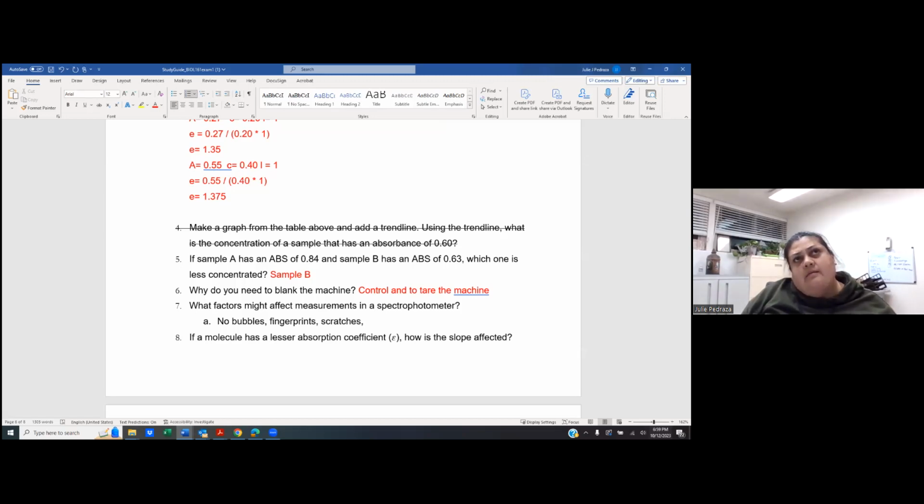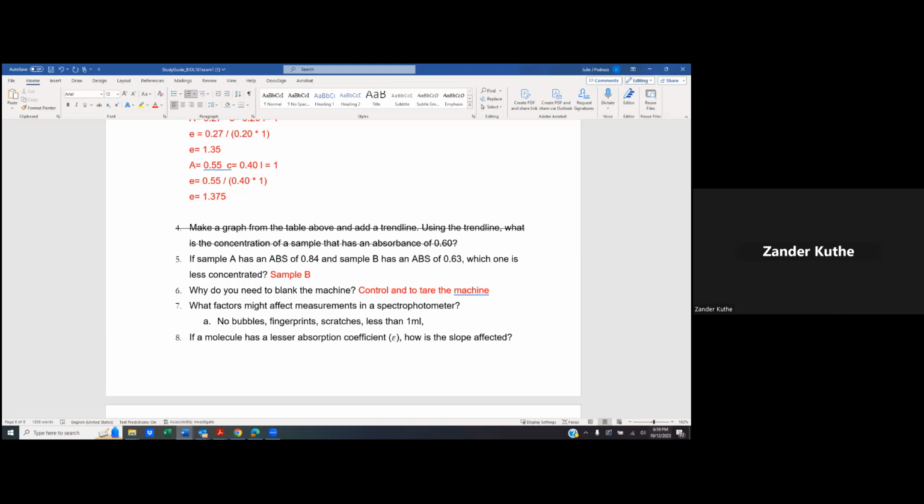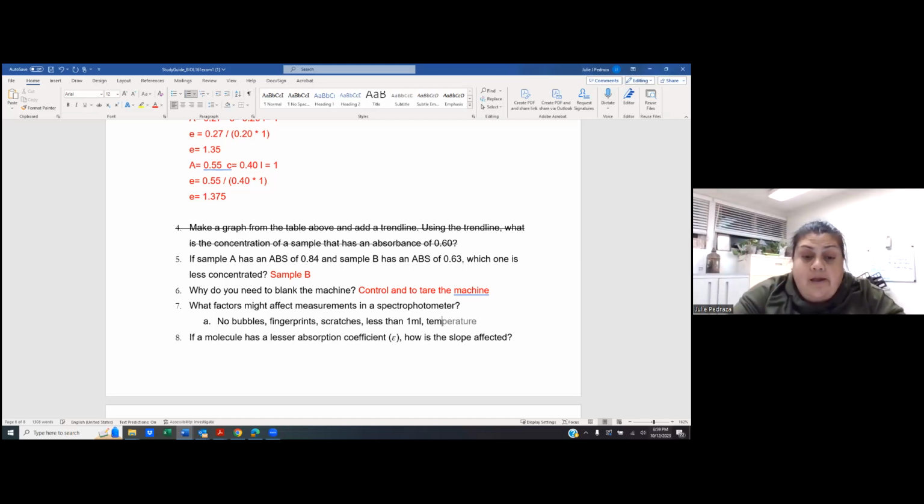I'm trying to think if it's less than 1 mil, it could affect that, yeah, you're right. Okay, anything else? The temperature of the sample. Yes, thank you. It needs to be room temperature because we don't want condensation.